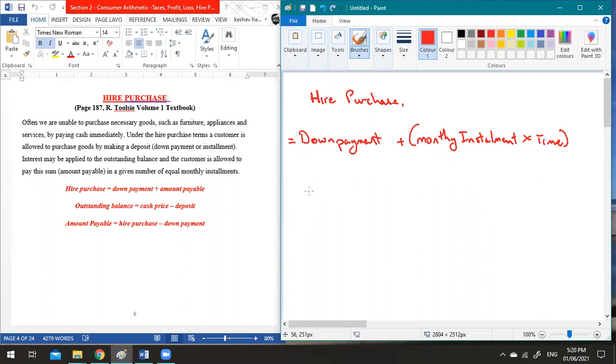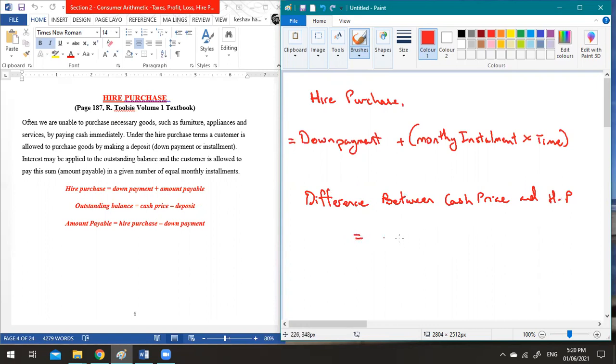Now, there's an outstanding balance. If you pay down, how much money you're still owing, or the difference between cash price versus hire purchase price, right? So this is something they ask more often. So the difference between cash price and hire purchase price, right?